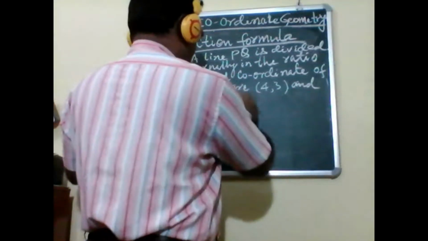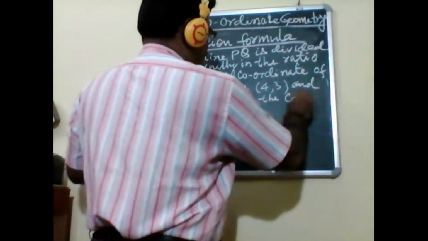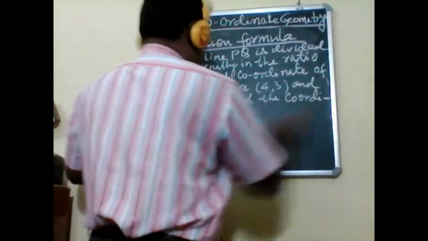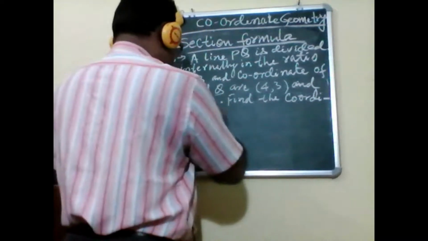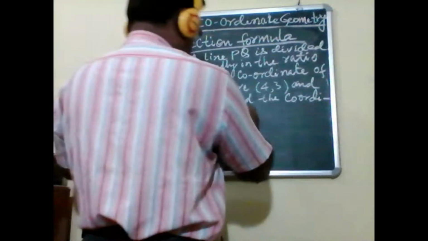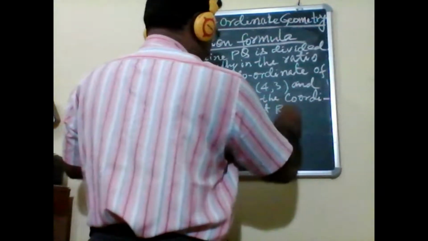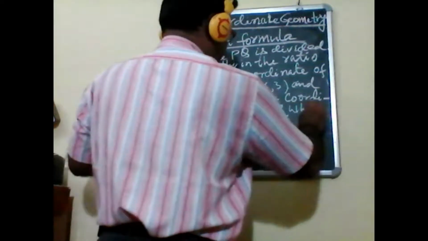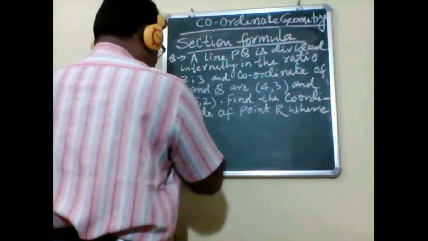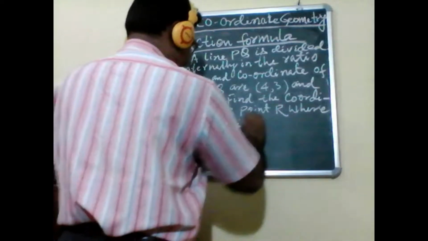Find the coordinate of point R where they divided.